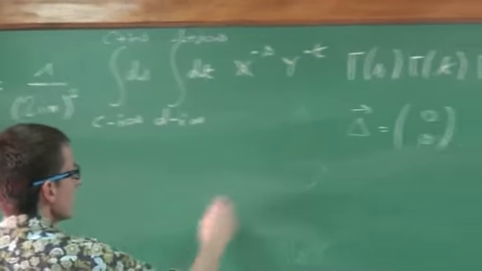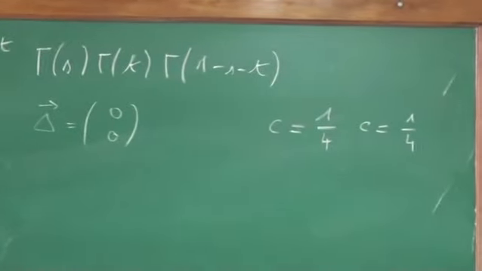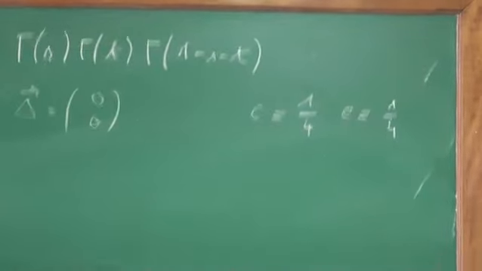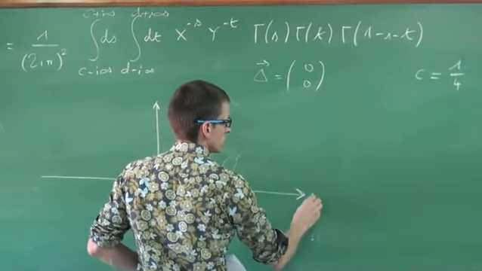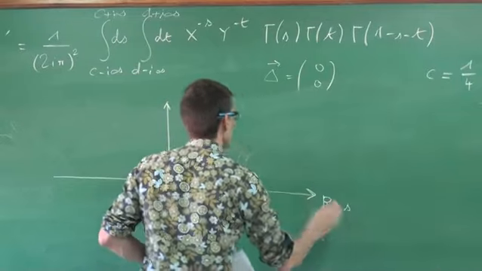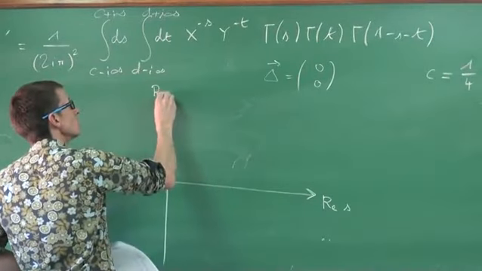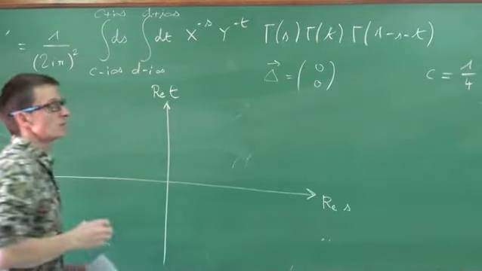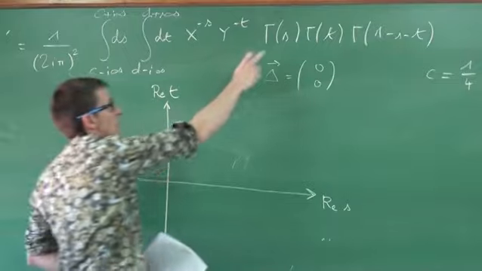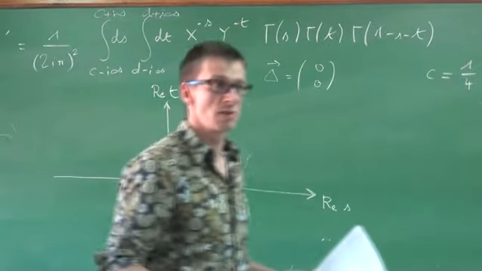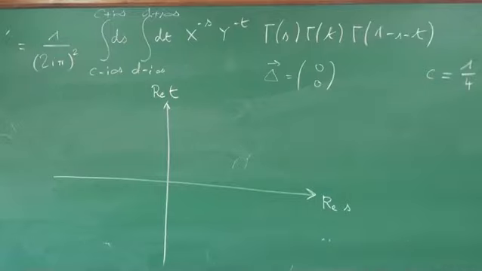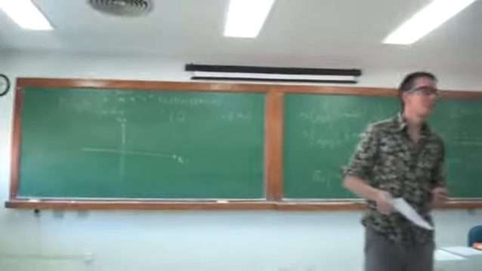It is the following. If I perform a drawing in the real S periodic plane, the gamma S function has its pole. Where are the poles of the gamma function? Just say it. Yes?